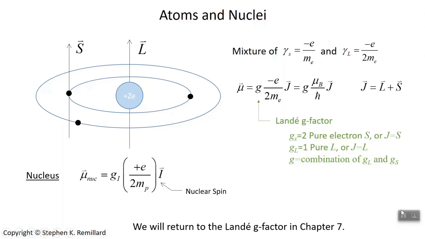Sorry, I've already used capital I for moment of inertia. Now it's nuclear spin. I could call it big S sub n, but nobody does. It's called I. That's the practice. We're going to come back to the Lande G factor when we get to perturbation theory and we want to treat the Zeeman effect. We're going to have to calculate it. So later we are going to actually derive the expression for the Lande G factor and then use it.